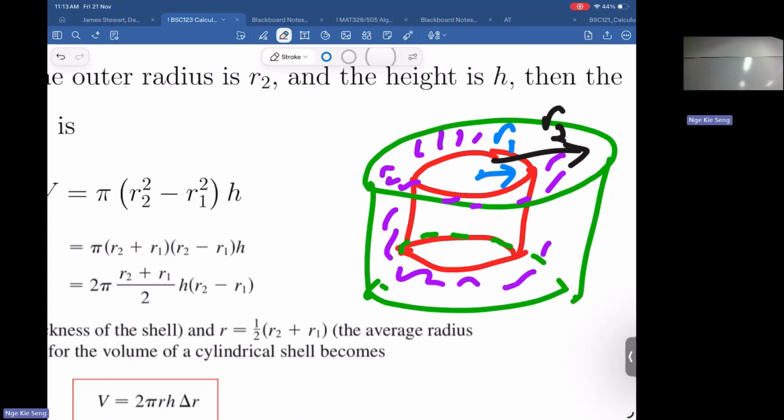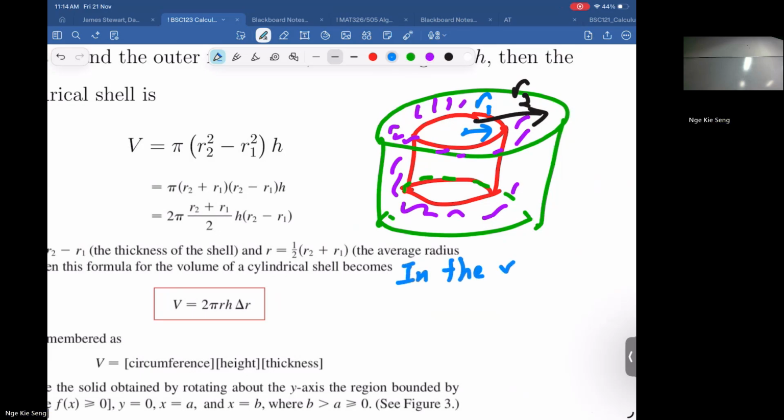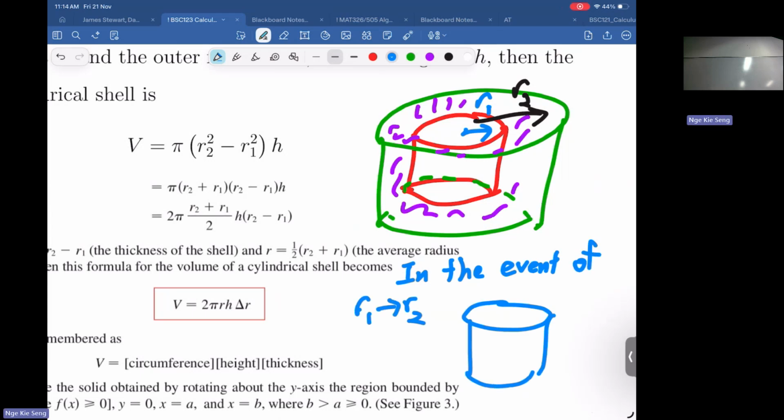Then R1 and R2 are just the same. So let me draw it. In the event of R1 getting close to R2, what you get is really just a cylinder.